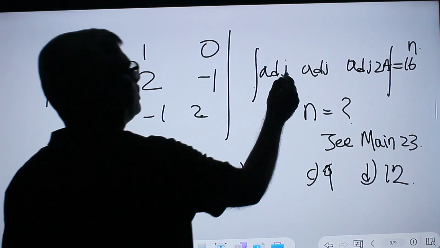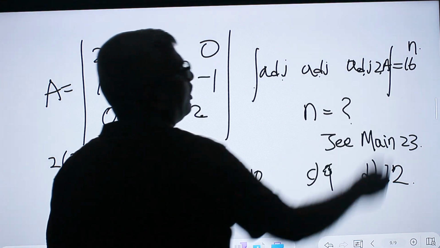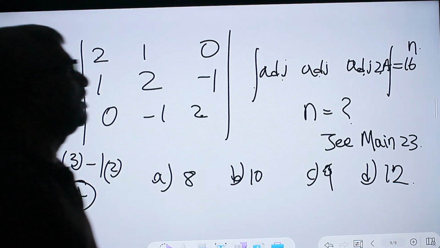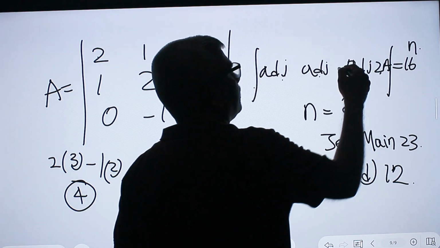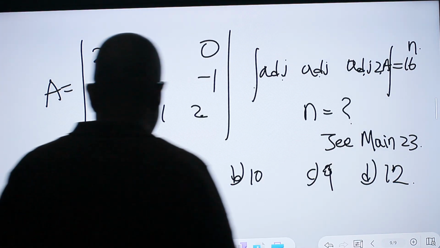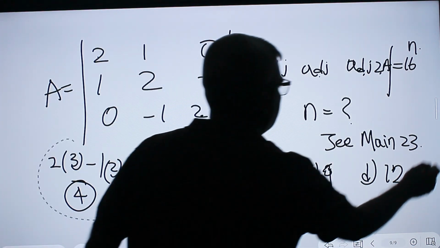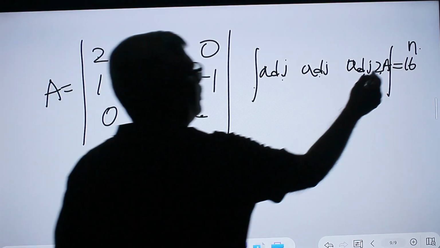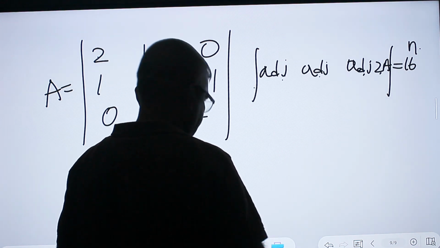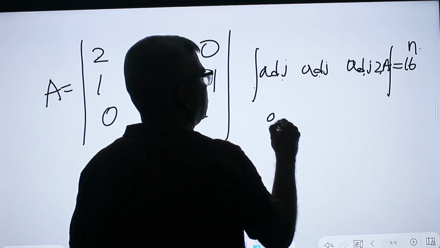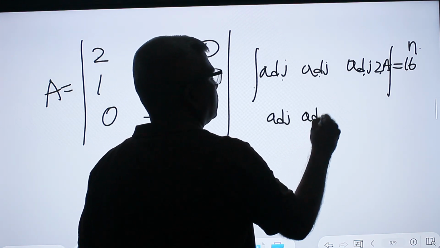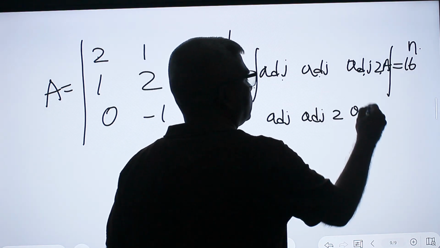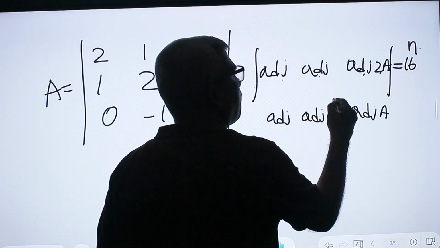Okay. Adjoint of A. When you take 2 out from the adjoint, it will be 2 power n minus 1.